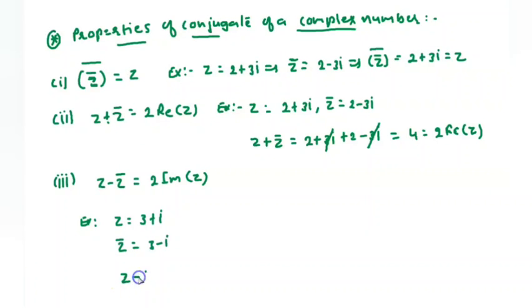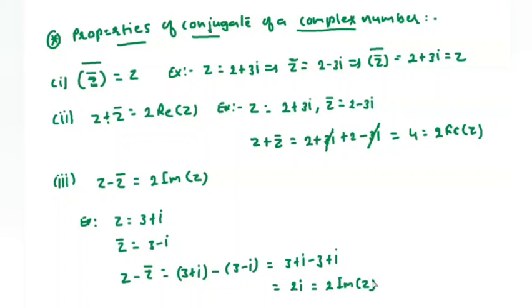Now z minus z bar is equal to 3 plus i minus (3 minus i), which is equal to 3 plus i minus 3 plus i, which is equal to 2i, which is equal to 2 into the imaginary part of z. Clear?